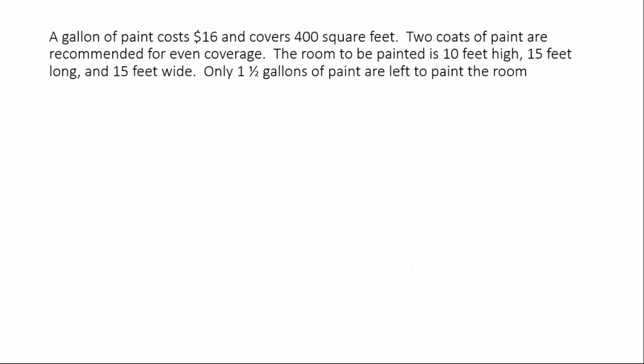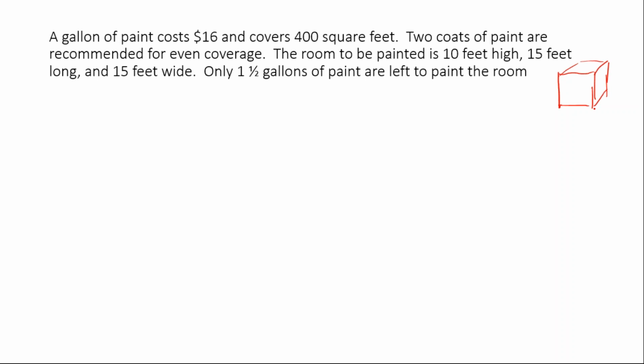These last three were kind of your common word problems, which you're dealing with a lot for surface area. It says a gallon of paint costs $16 and covers 400 square feet. 2 coats are recommended for even coverage. The room to be painted is 10 feet high. Kind of a drawing of the room.